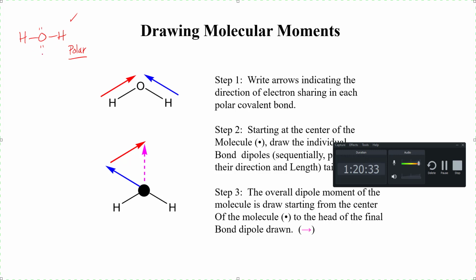Well, I would say the oxygen is slightly negative, the hydrogen is slightly positive, so I would be drawing a vector this way, and then I would be drawing a dipole moment that way. And what we do to determine whether a molecule is polar or not is to see whether those two cancel each other out. If they don't cancel each other out, then the molecule's polar. If they do cancel each other out, then it's nonpolar, is basically the essence of this.